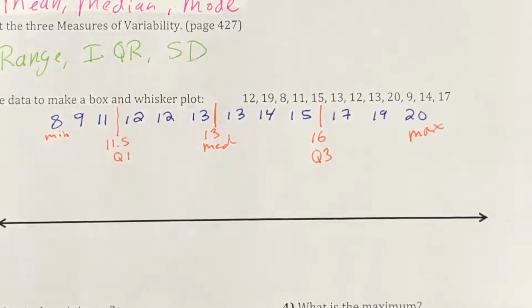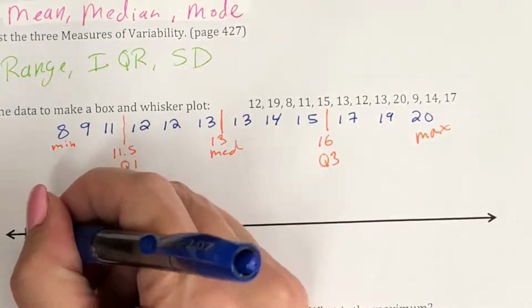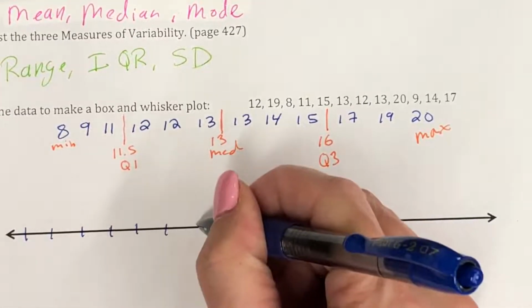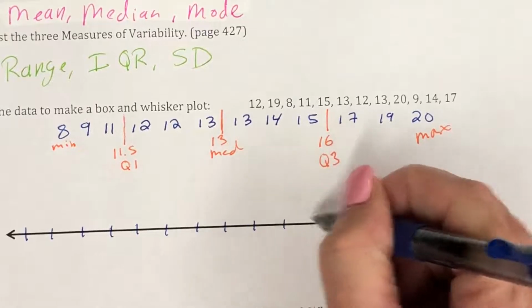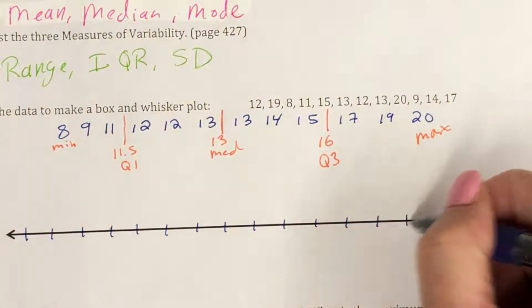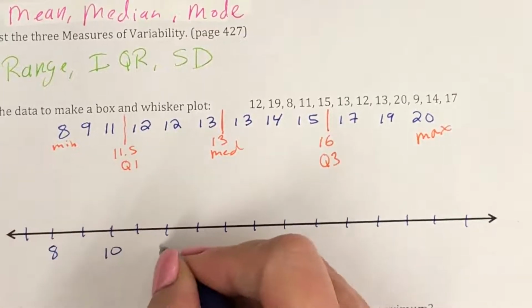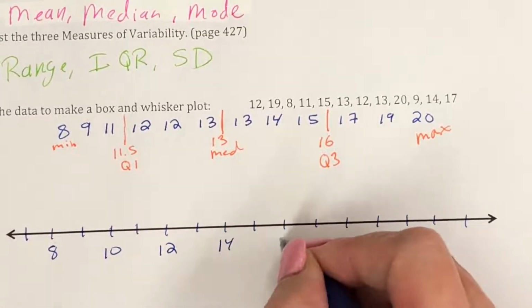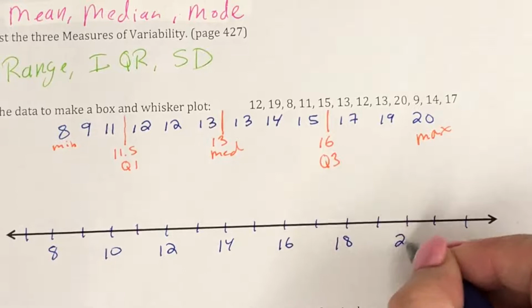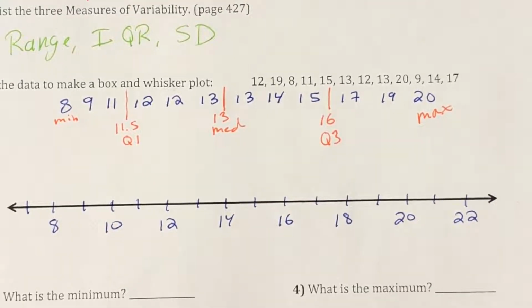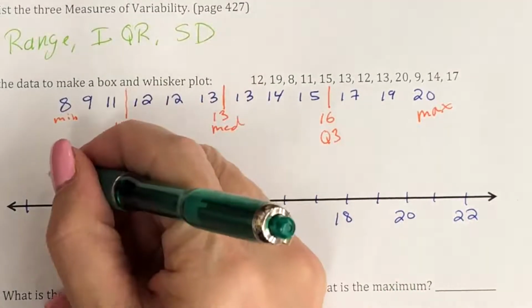Okay, we're going to go ahead now and do our number line. The left side of my whisker is 8.